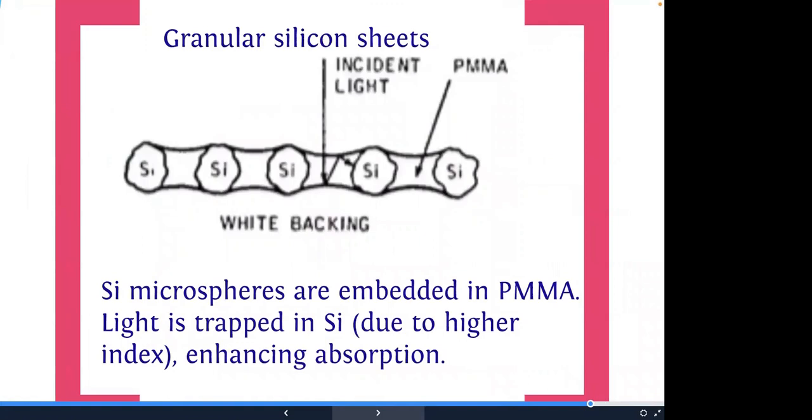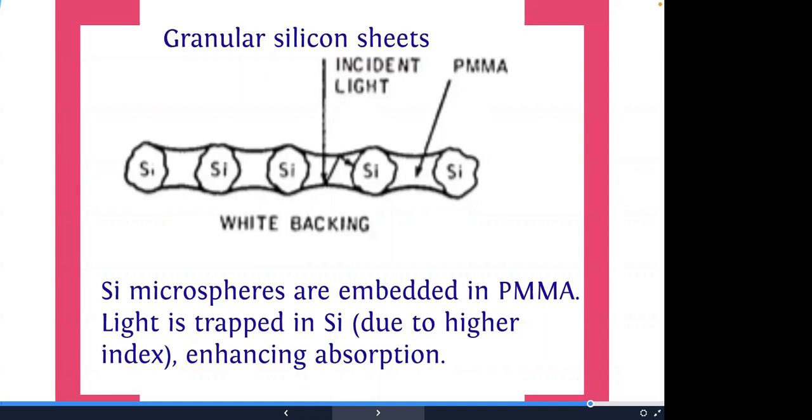Now let's look at one more example, which is a very interesting example, actually. It is not just simply texturing, but imagine if we could make little silicon microspheres and have them act as solar cells. It's not exactly true, but let's imagine this thought experiment. Now they are embedded in some transparent polymer, in this case PMMA or plexiglass, and there's a white backing to serve as a mirror.